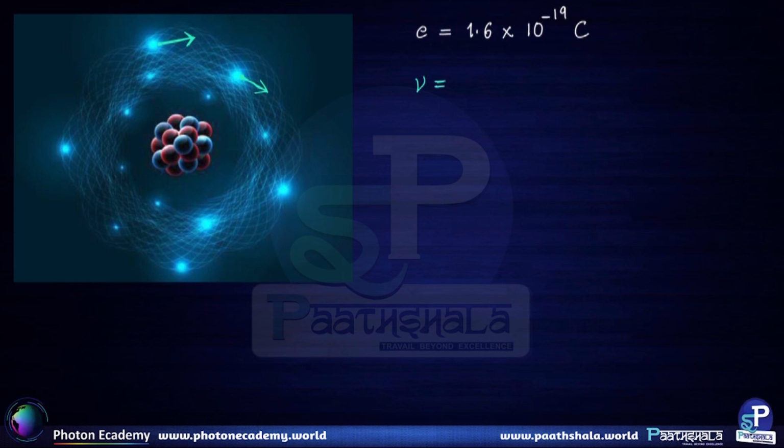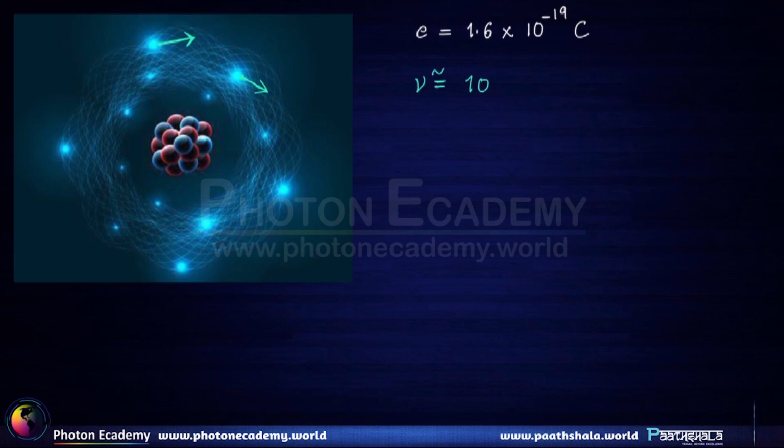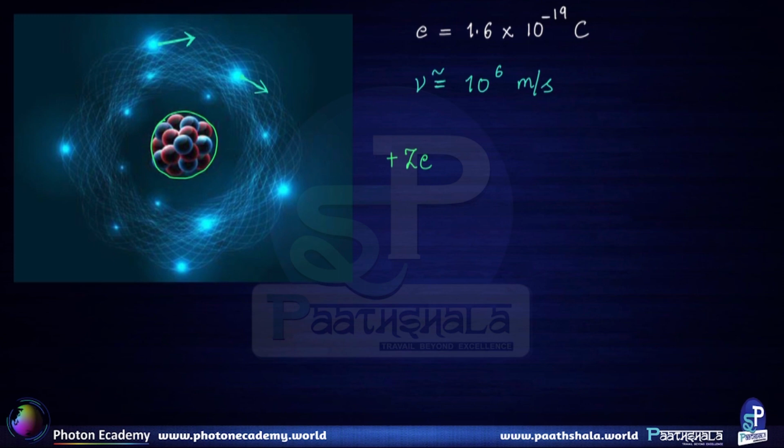So here the electrons are moving very fast around the nucleus, and the approximate speed, their velocity v, is in the order of 10 raised to 6 meters per second, which is a very high velocity.